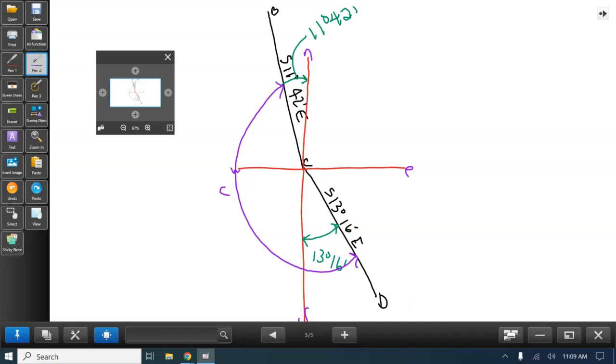I'll tell you what I did. I solved first to right here, and then added the 13.